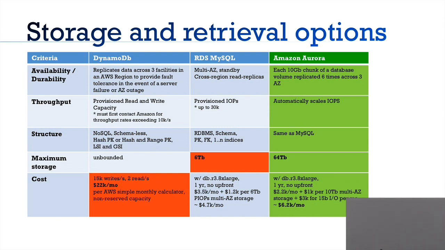As you can see here, the maximum storage is 6 terabytes per instance. We knew we had more data than would fit in a single instance. Yeah, we could have multiple instances, but we didn't want to take on that overhead.